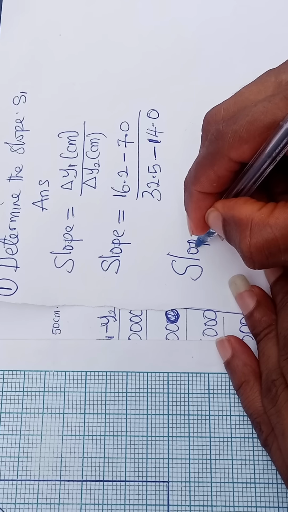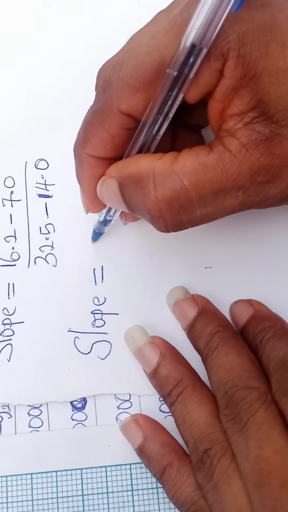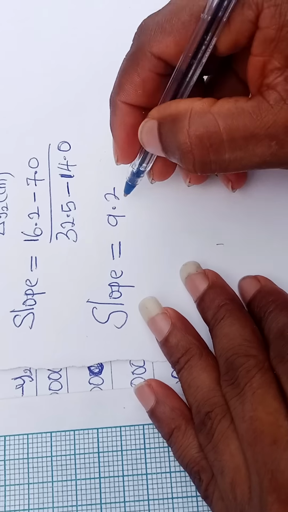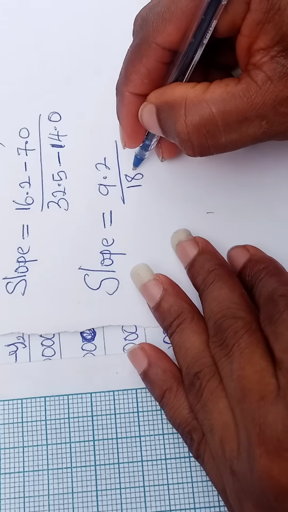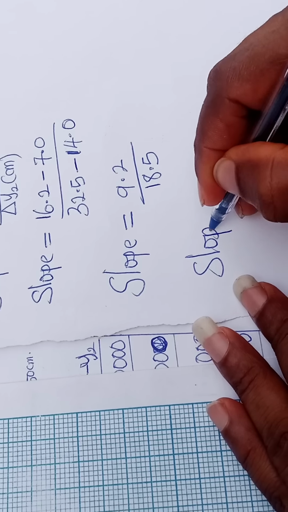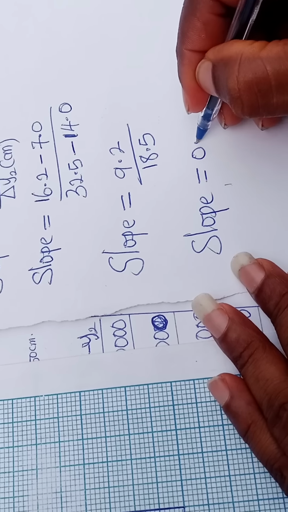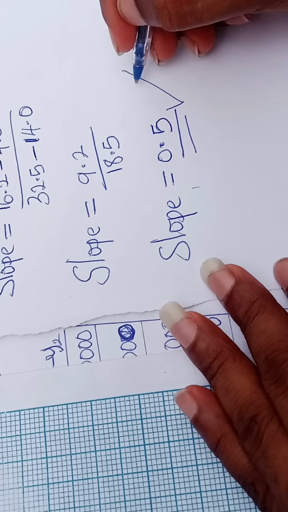Which means that my slope here is now equal to 9.2 divided by what? 18.5. The slope of this graph is 0.5. That is my slope here.